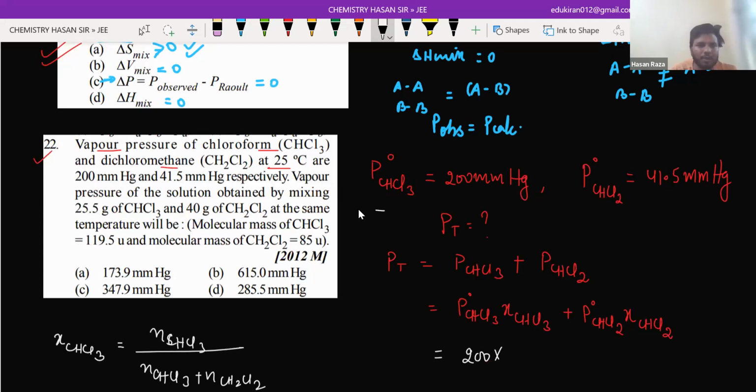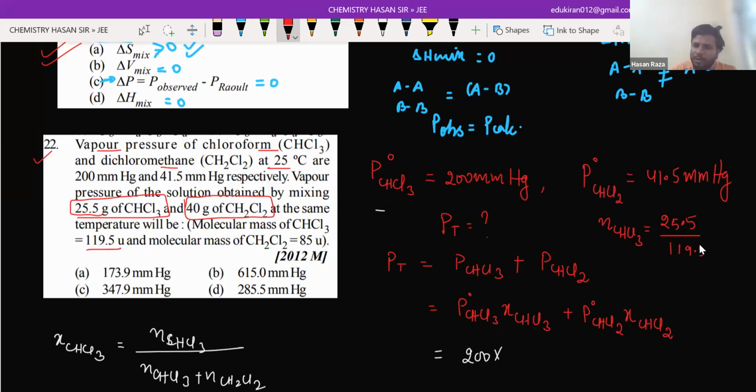It is also given: 25.5 gram CHCl3 and 40 gram CH2Cl2. So you can easily calculate the number of moles of CHCl3: given mass, 25.5, upon molar mass, given as 119.5.